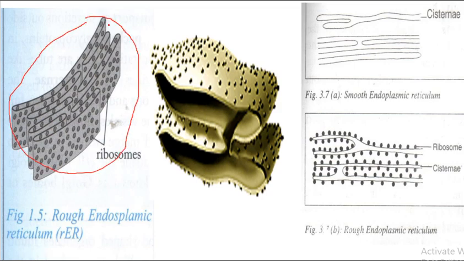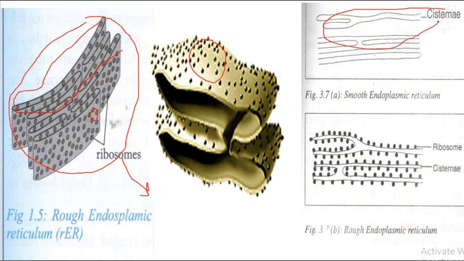As you can see, they're just made up of interconnected channels containing ribosomes on their surface. The ribosomes provide sites for protein synthesis, and these channels transport proteins. You can see very many ribosomes on the rough endoplasmic reticulum.